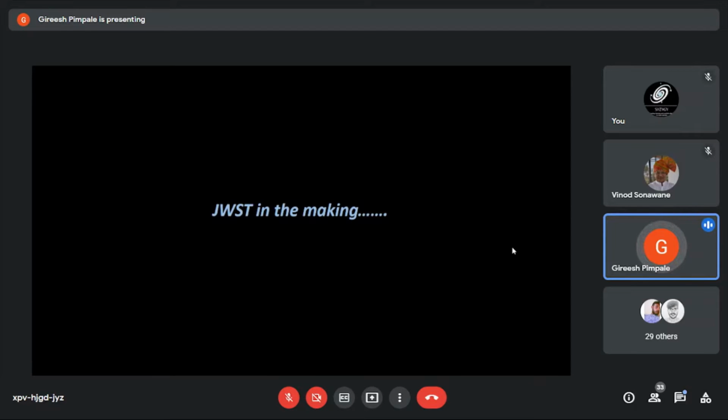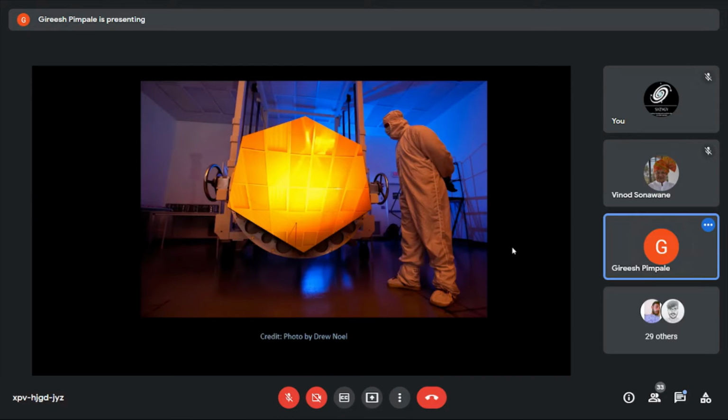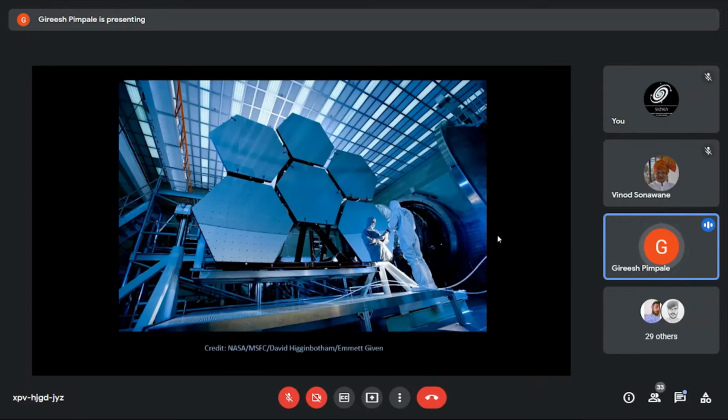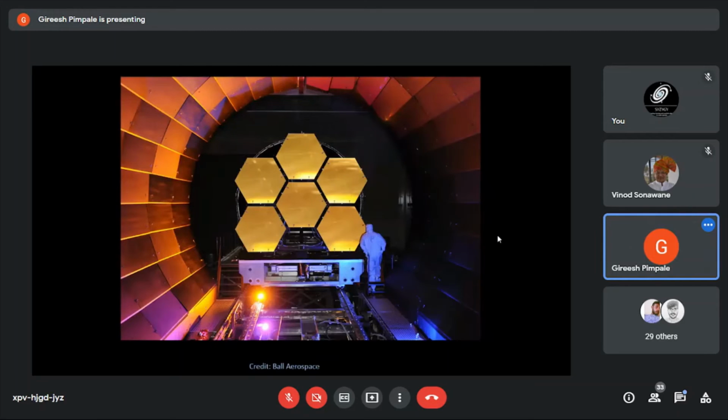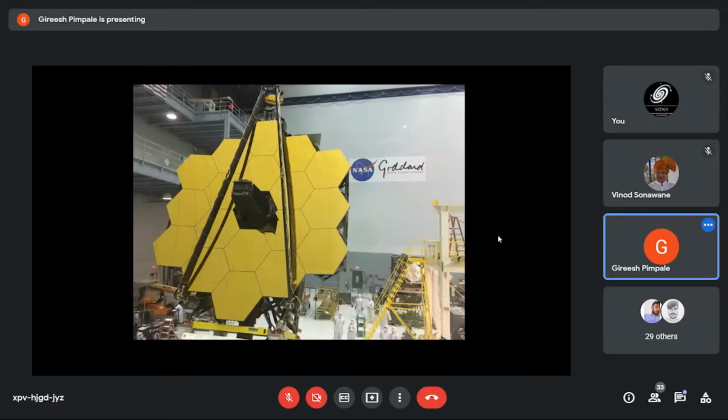So now let us have some photographs from when the Webb telescope was made. Some of these photographs were in the video clip that you saw at the beginning. Now this is the complete primary mirror.